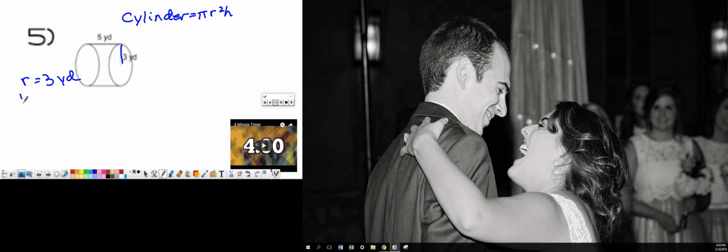My height, h, is 5 yards. Now I'm just going to plug these straight into my formula. Pi times 3 squared times 5. It's going to give me a grand total of 141 and 37/100 yards cubed.